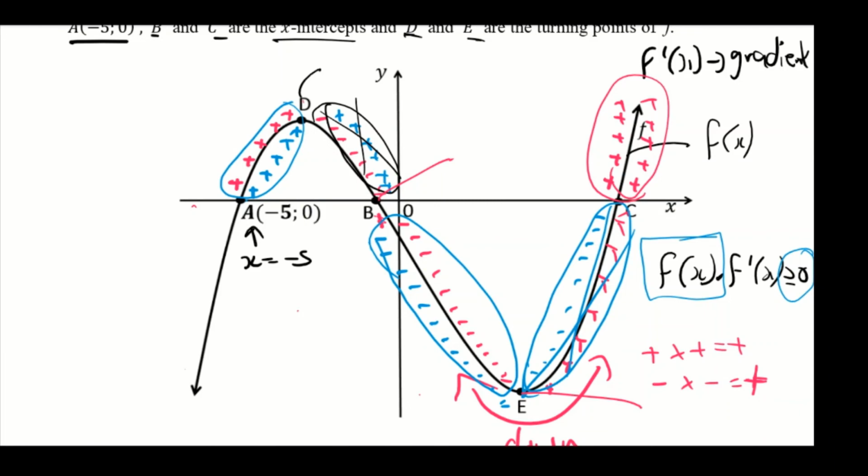So before we conclude our values of x, let's first find the x values at these points. At A, x is equals to minus 5. At D, x is equals to minus 3.